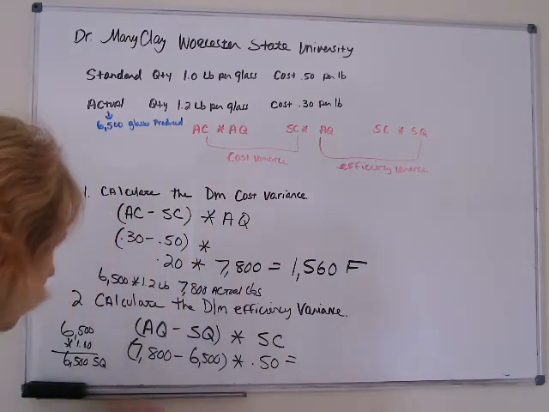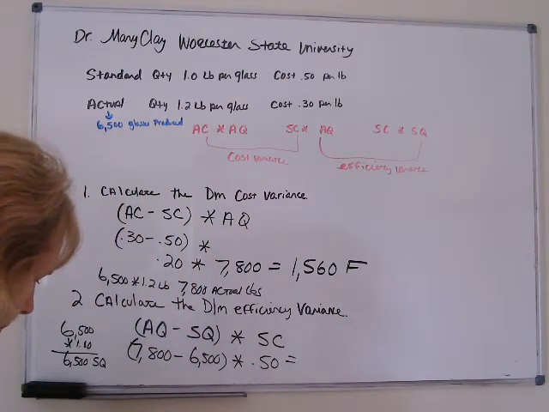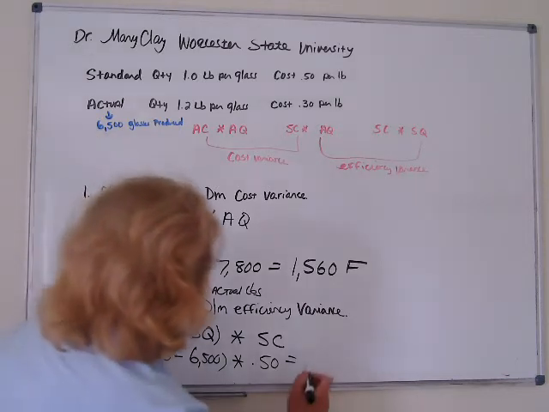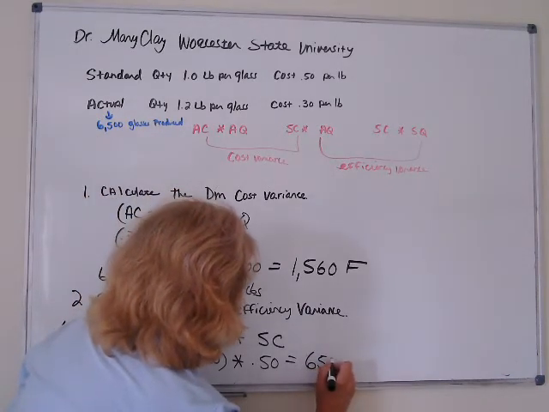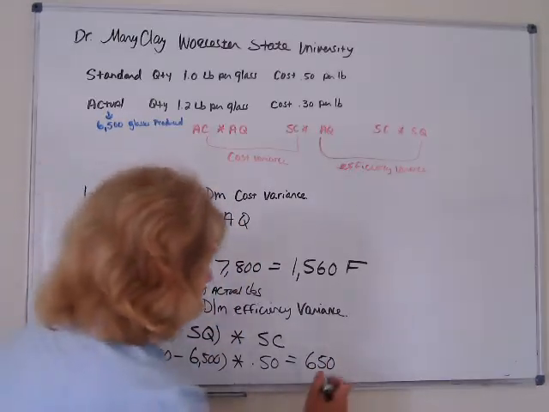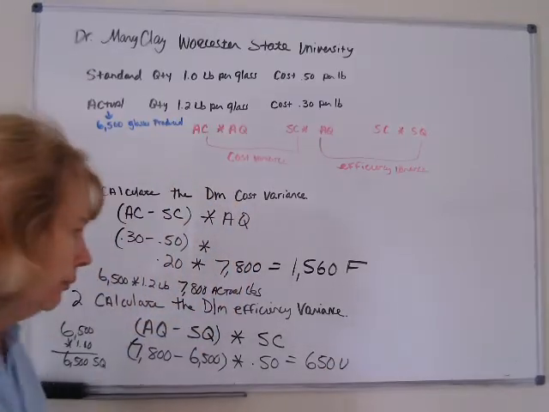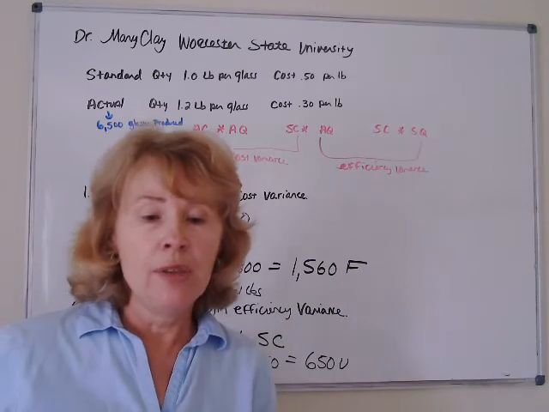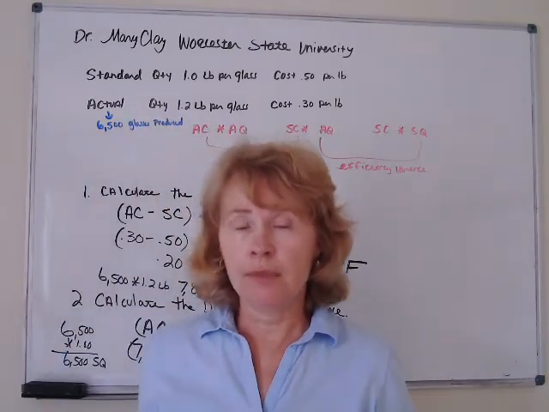So do out the math. 7,800 minus 6,500 times 50 cents gives me $650. And remember, that's unfavorable. All right, so that's how you do the materials variances.